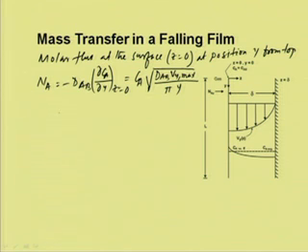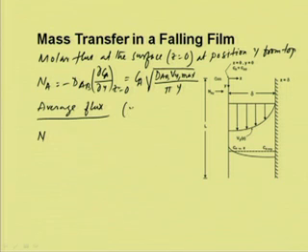and the average flux over the entire surface can be written as N A over the entire surface, at y equal to 0 to y equal to L. This is the length of the film.